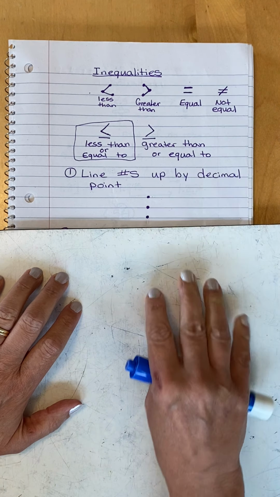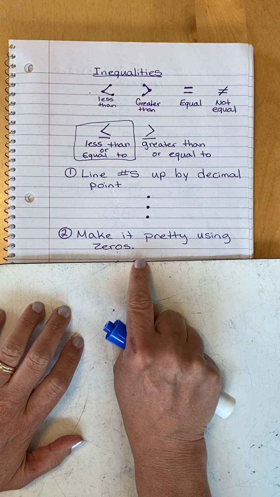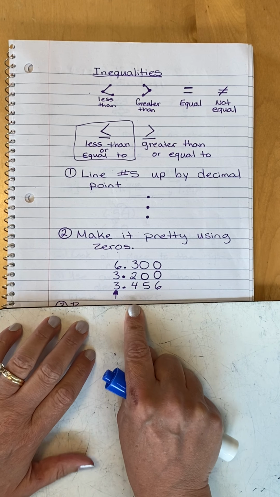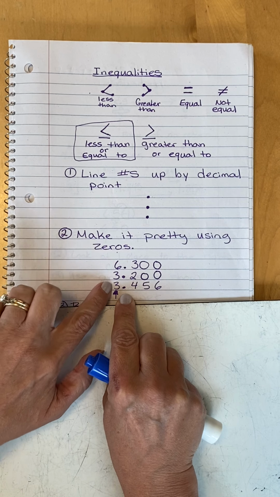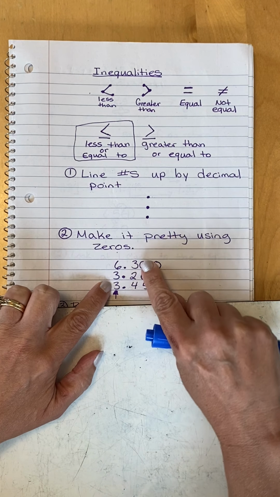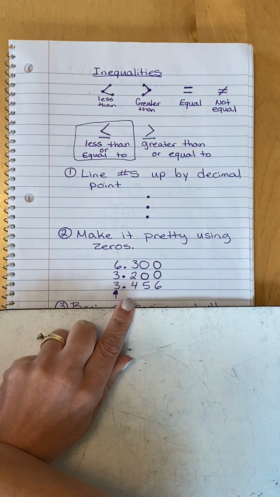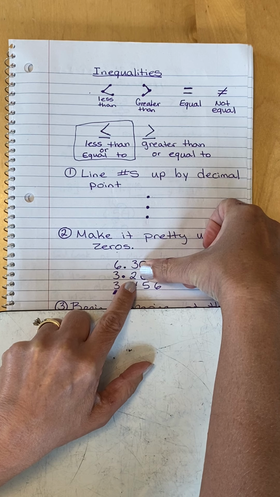So that is one strategy. I want you to make it pretty by using zeros. So in this example here, you can see our decimal points are lined up. Our whole numbers are lined up, but this number here started as just 6 3/10. And this number right here just started as 3 2/10.